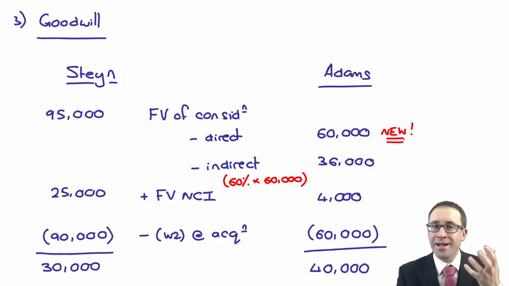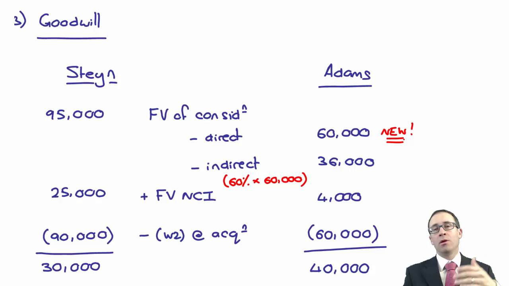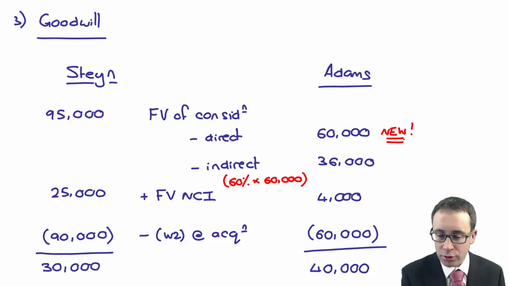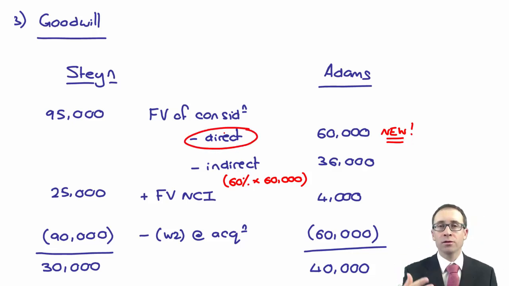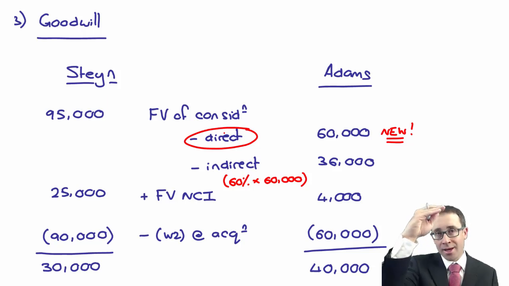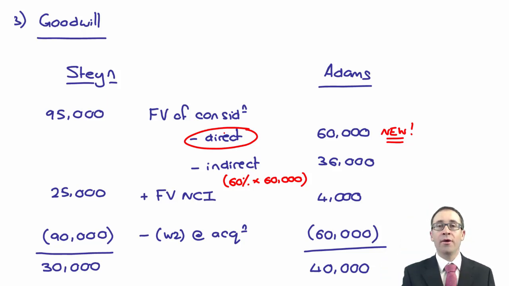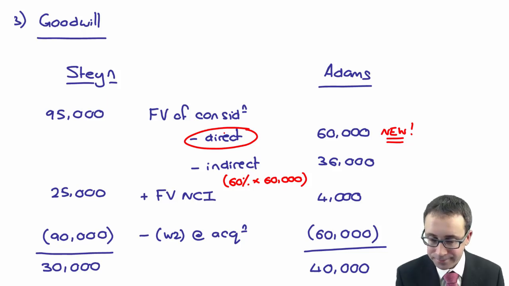The indirect holding is exactly the same as what we did before when we were looking at your vertical complex group structure. Just because now it is a D-shaped complex group structure, we throw in the direct holding in full. So what the parent has paid to acquire its shares in the sub-sub. So if you were to total the goodwill, 40 and 30, I think that is there as 70. Okay, we'll look at that later.